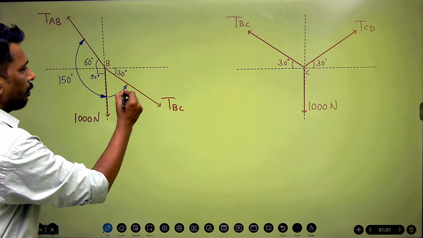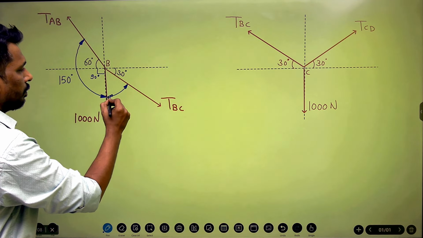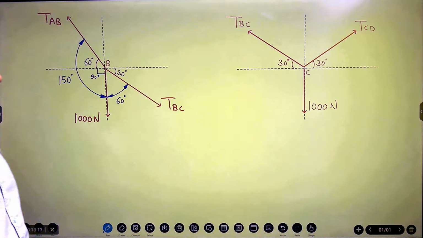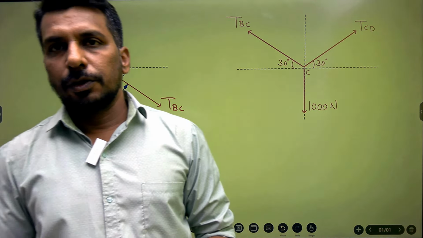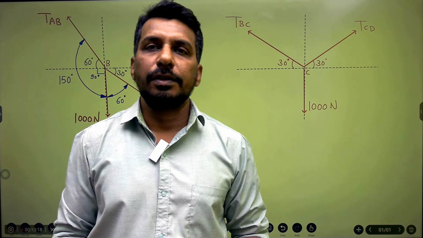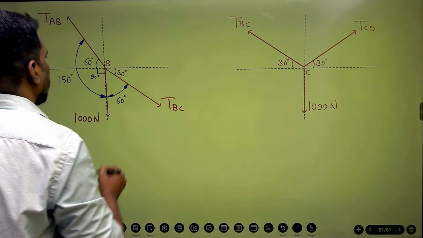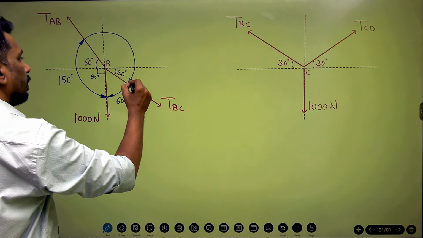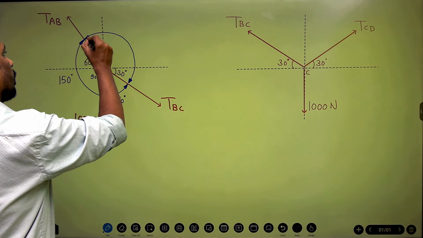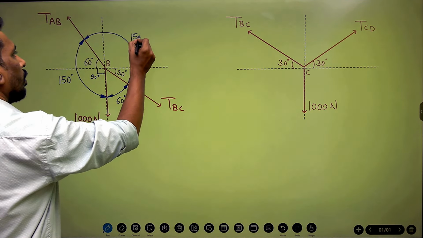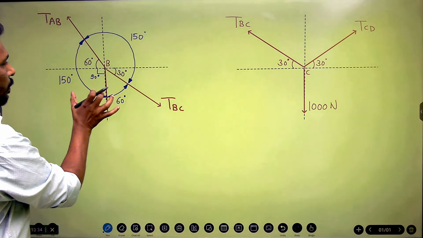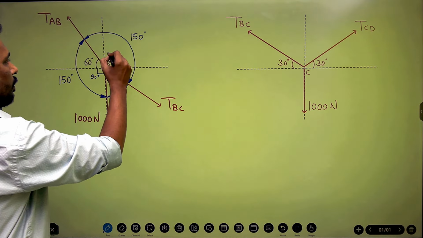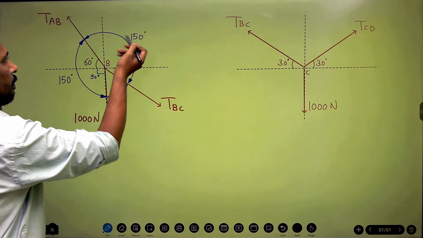So angle between these two forces is 60 degree. So 150 plus 60 becomes 210. So remaining angle is 150. Okay, 150. So this angle is 150. Or you can go like this. In the question, they have already mentioned this is 120. 120 plus 30, 150.